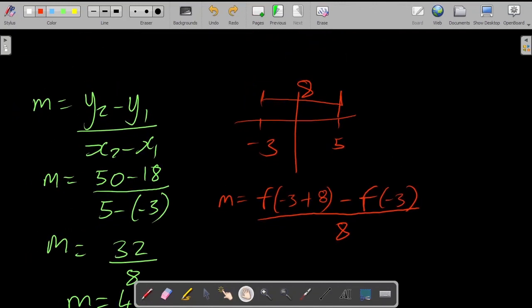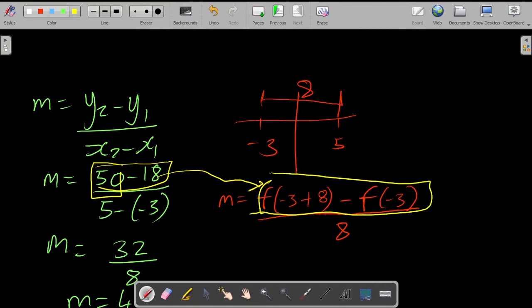And that f of 5 we found to be this value. And this is just basically f of -3, which we also found to be that value. And this would amount to the same thing as that. And you basically have 32 divided by 8 again. So that is how you basically do it.